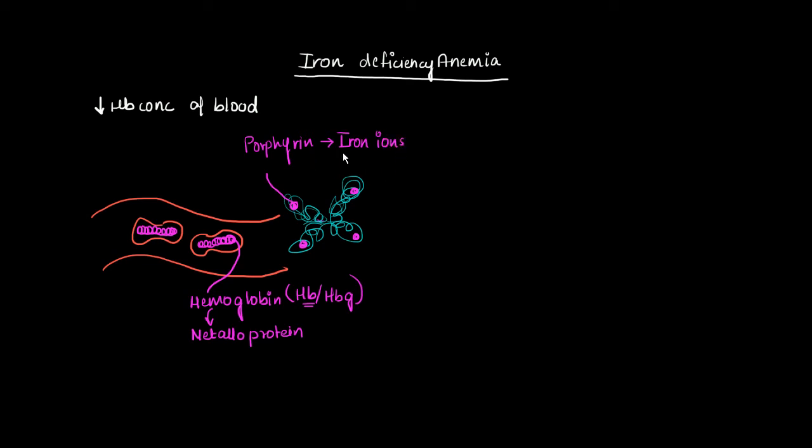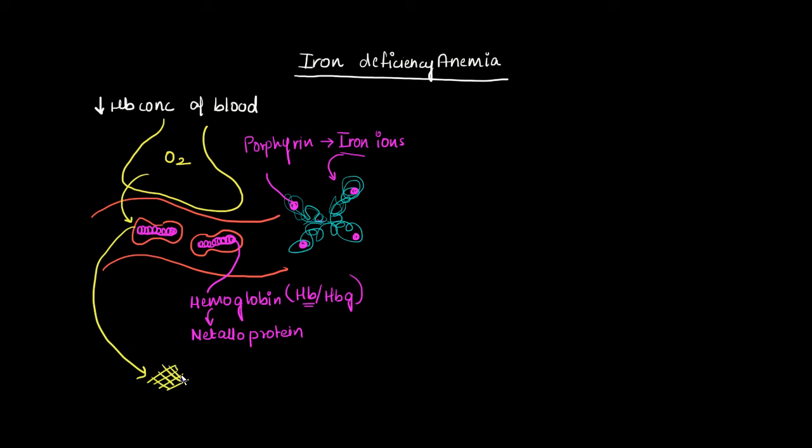So now you can see that iron fits in the hemoglobin and plays a very important role in providing hemoglobin its ability to reversibly attach to oxygen. Now, what am I talking about? You all must know that RBCs play a very important role in carrying oxygen from the lungs to the tissues.